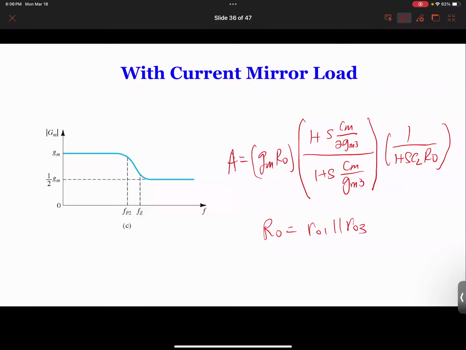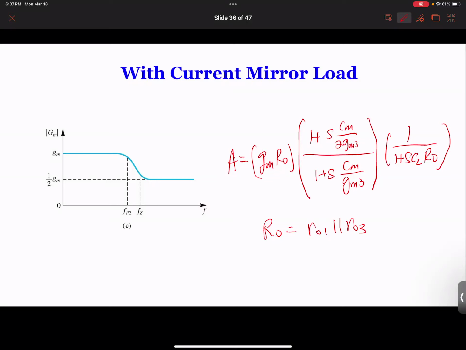So you have a pole here, and then you get a zero at this part. That's the final output of your circuit with a current mirror load.